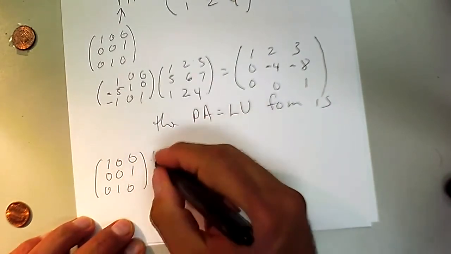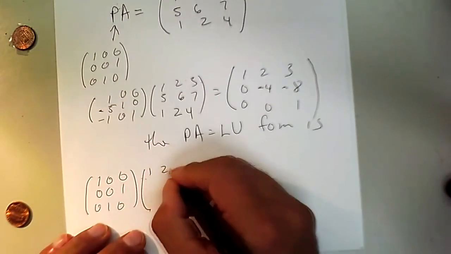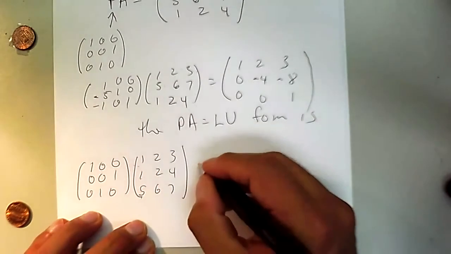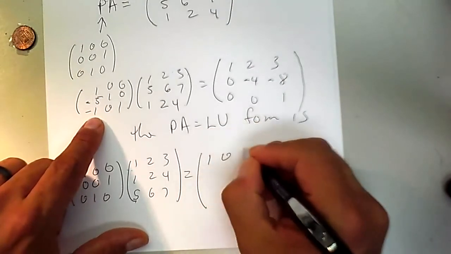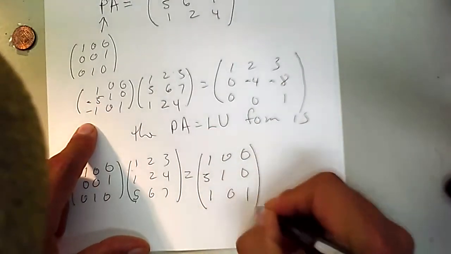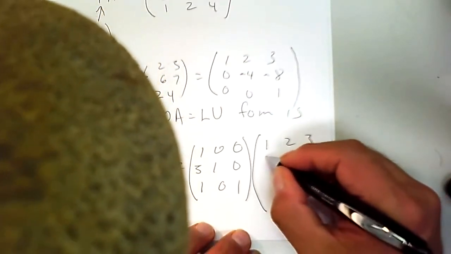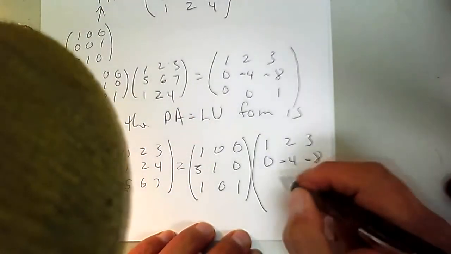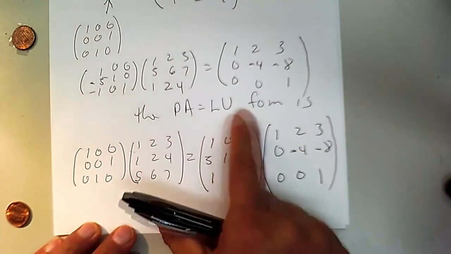The A, that's the original matrix, 1, 2, 3, 1, 2, 4, 5, 6, 7, equals the lower matrix, which is going to be 1, 0, 0, 5, 1, 0, 1, 0, 1, and our upper triangular matrix, 1, 2, 3, 0, negative 4, negative 8, 0, 0, 1. This is the PA equals LU form.